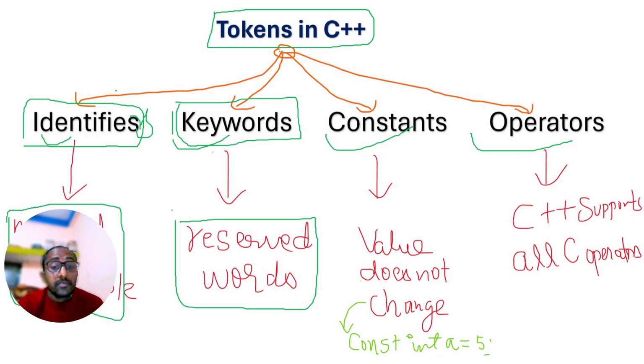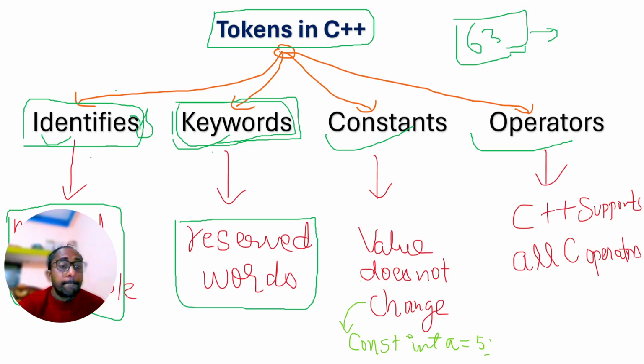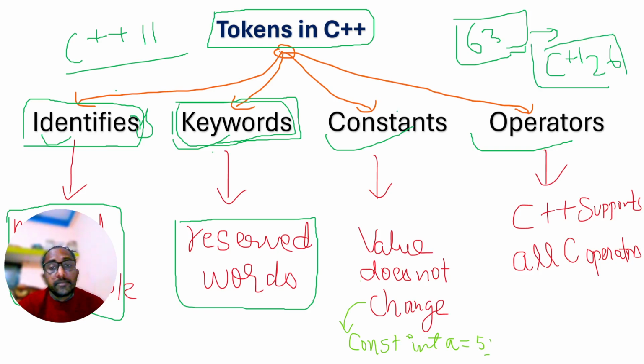The developer, Bjarne Stroustrup, defined them when developing the language. There are about 63 keywords, I think, if I am not wrong, and the number increases with each enhancement or version of C++, like C++11, and now C++23, 26.